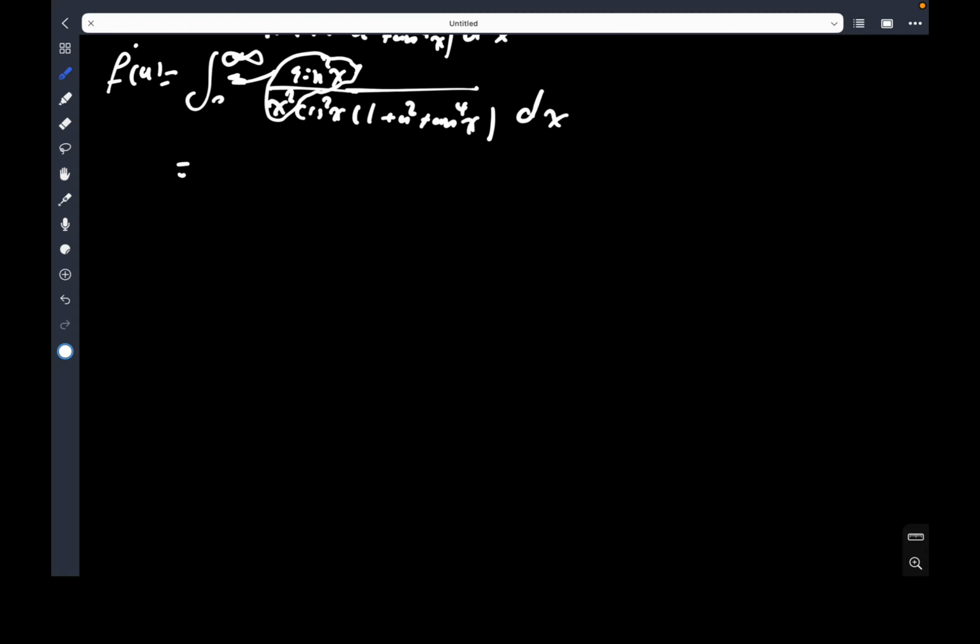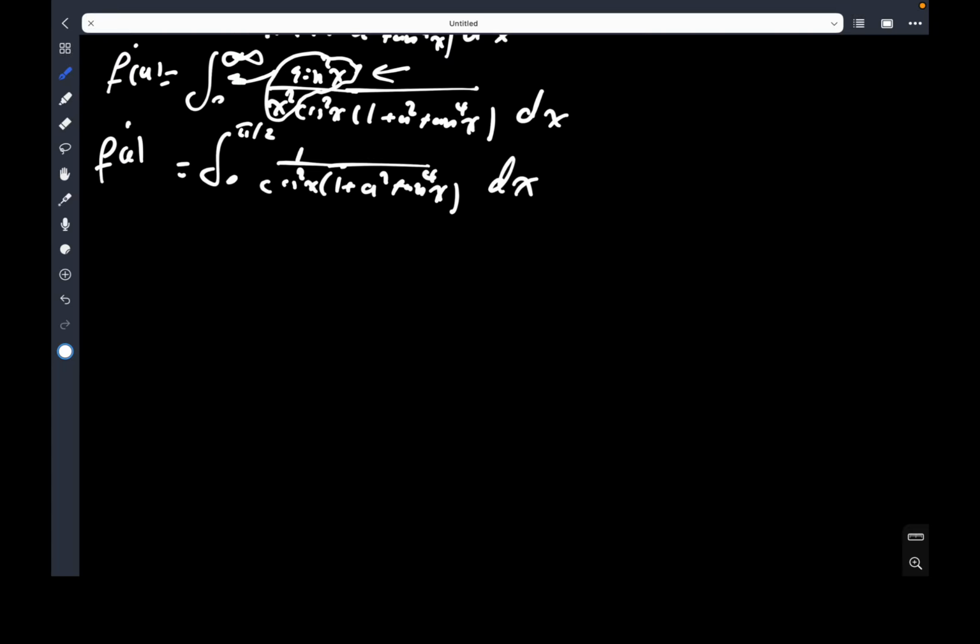So it's going to be the integral from 0 to pi over 2 of 1 over cosine squared x times 1 plus a squared tan to the 4x. I forgot the rule of this formula. If somebody knows, please let me know in the comments.